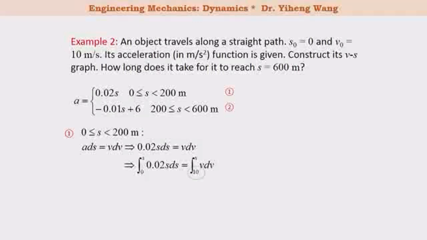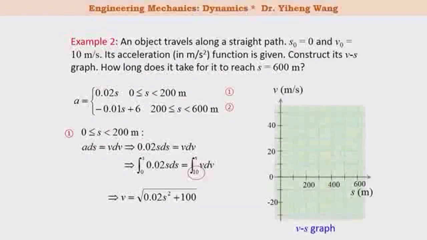Here, the initial velocity is 10 meters per second, and that is our integration limit here. We get the velocity equals the square root of 0.02 s squared plus 100 after the integration. And this is velocity as a function of position, and we can sketch this first period on the v-s graph. And we need to determine that at the end of this period, the velocity is 30 meters per second.